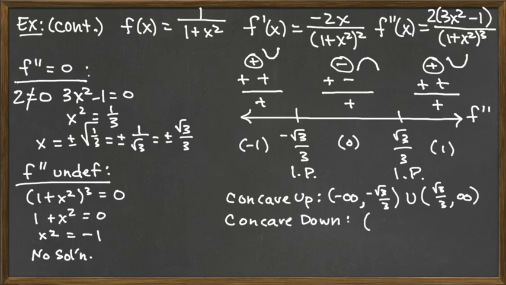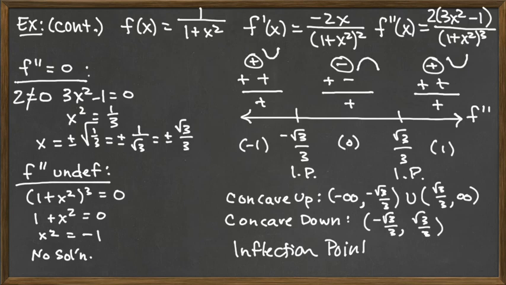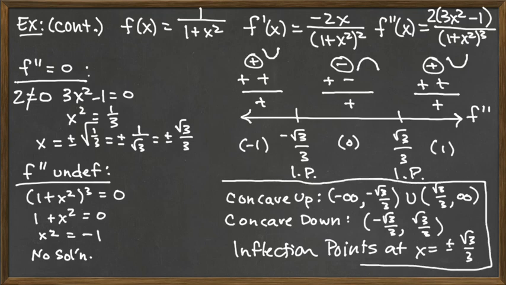So in between would be from negative root 3 over 3 to positive root 3 over 3. And we've got inflection points at the 2 values, x equals plus and minus root 3 over 3. And so we can make all of those conclusions about the original function based on the second derivative of the function.